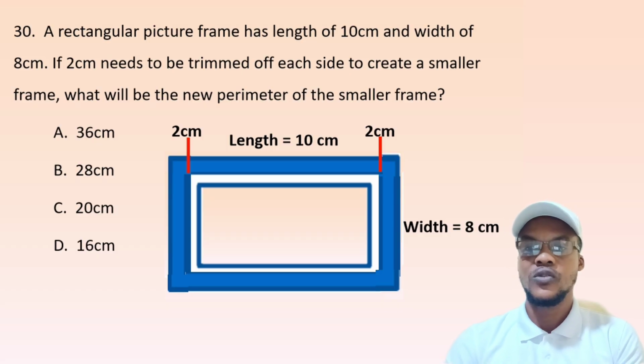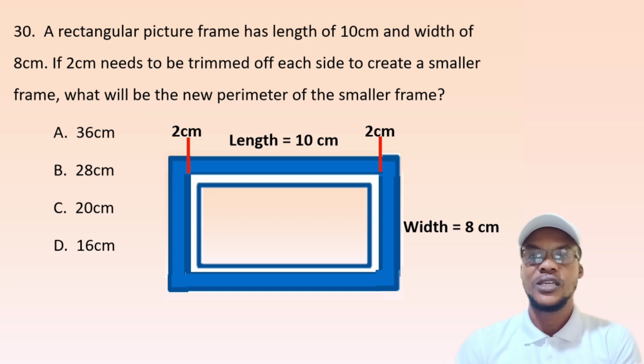Have you gotten that? So if you do that, then because the question is saying that 2 centimeters is trimmed off each side, if I'm cutting the length side, then I have to do the same to the width side. So to the width side, I will cut also in a horizontal form, also 2 centimeters.